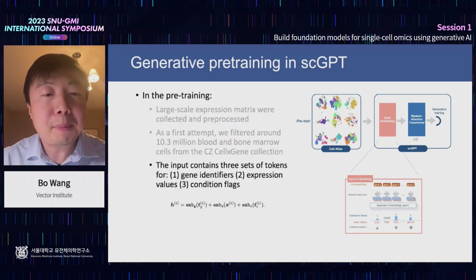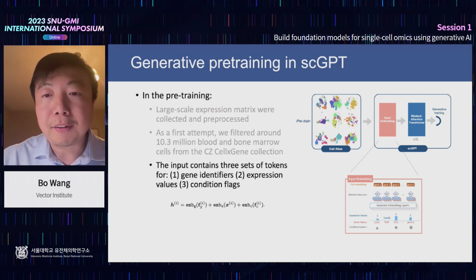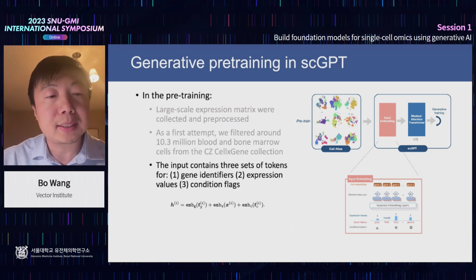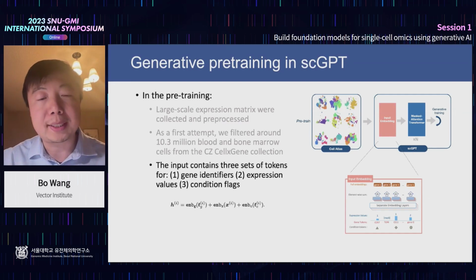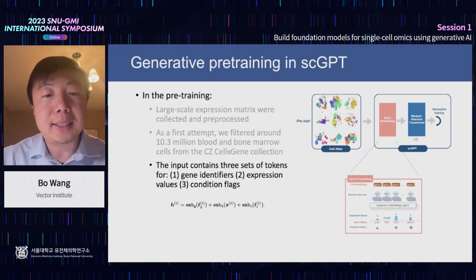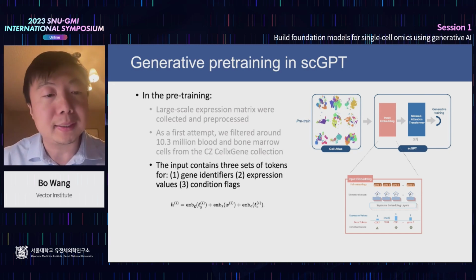If we dive deeper into some of the technical details, the input for scGPT contains 3 sets of tokens. First, the gene identifiers. Basically, we just tokenize the gene names. And second is gene expression values. What we did was quite simple. We simply bin the gene expression values and then tokenize the resulting bins.